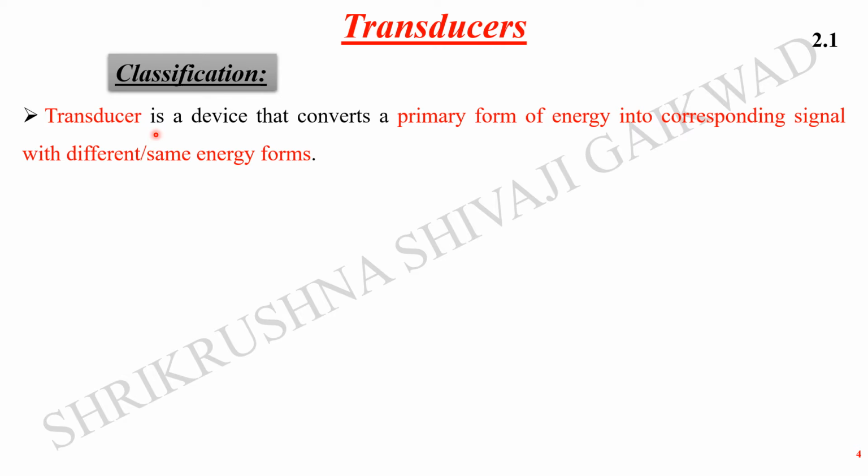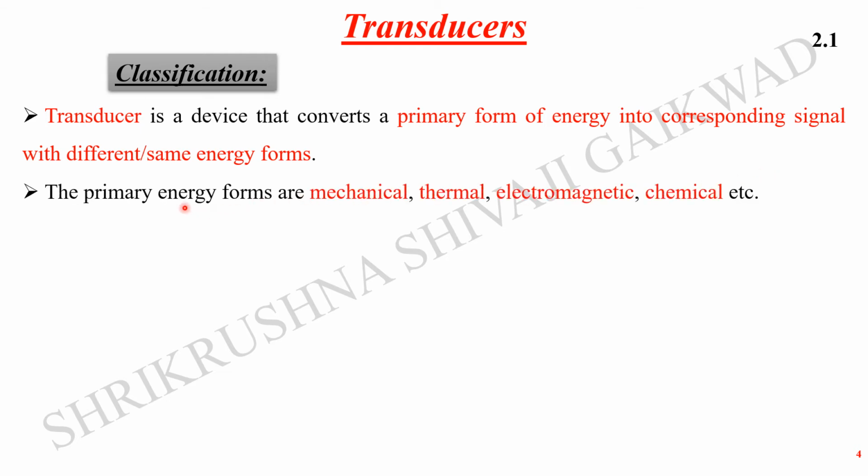The transducer is a device that converts the primary form of energy into a corresponding signal with a different or the same energy form. Primary energy forms are such as mechanical, thermal, electromagnetic, chemical, etc. These are the energy forms in which the sensors detect the changes happening in the physical quantity.